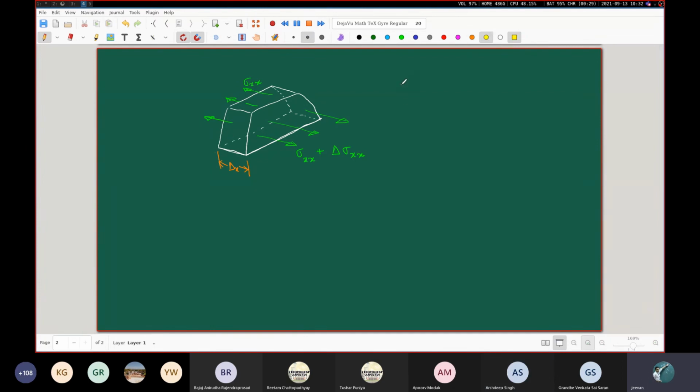So let me write this thing out explicitly. It will be more clear to you. So sigma xx plus delta sigma xx integrated over this area dA dash. So this A dash represents this area which is not the entire cross-sectional area of the beam, rather it corresponds to the arbitrary cut that I have taken at a certain height from the top.